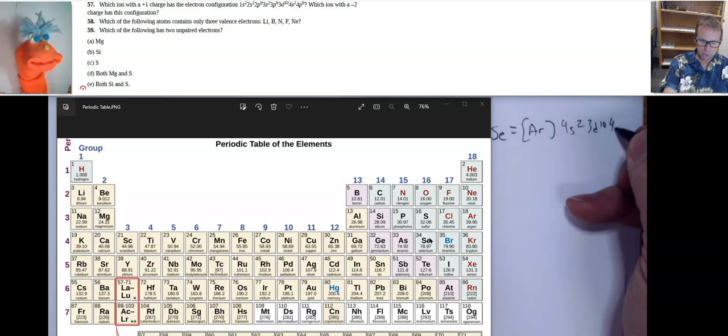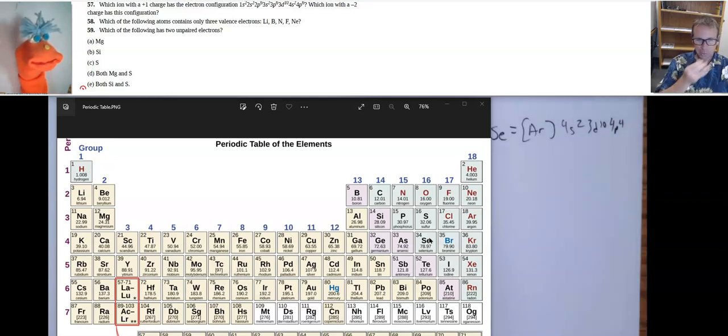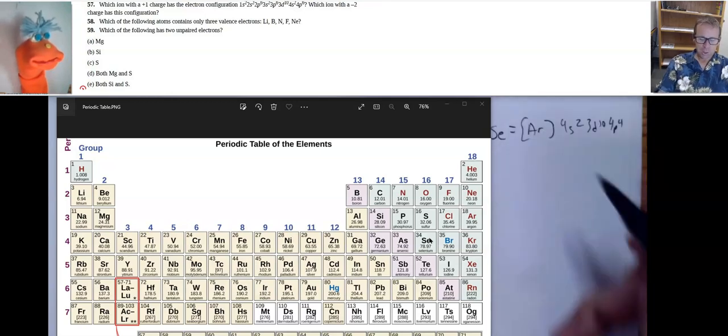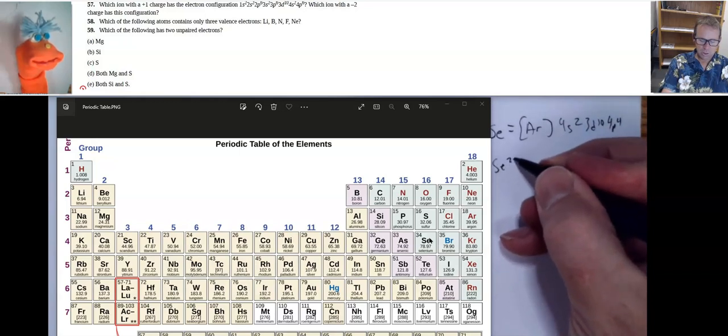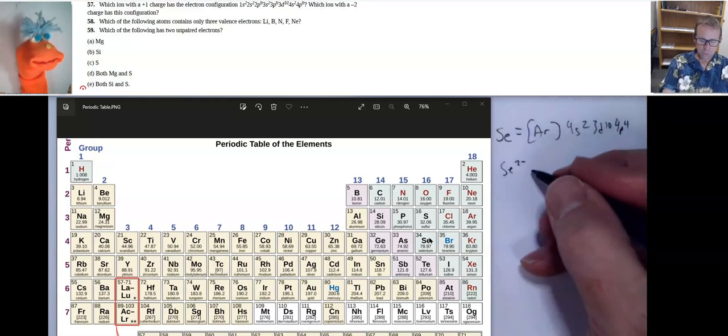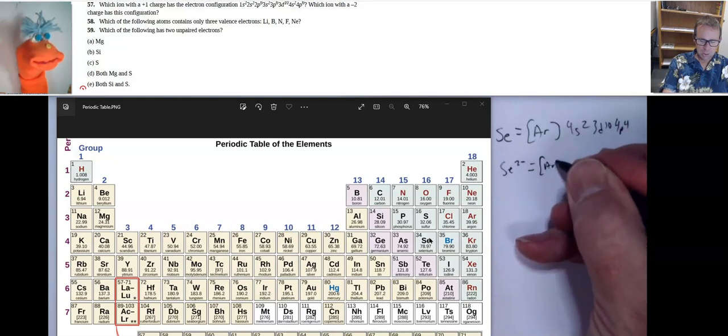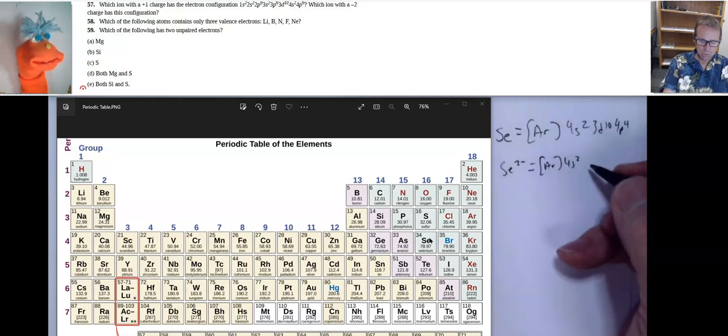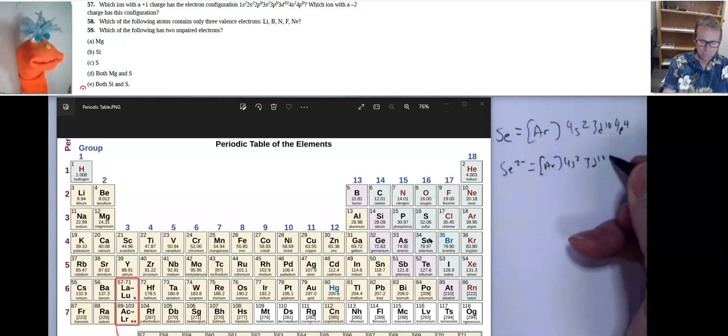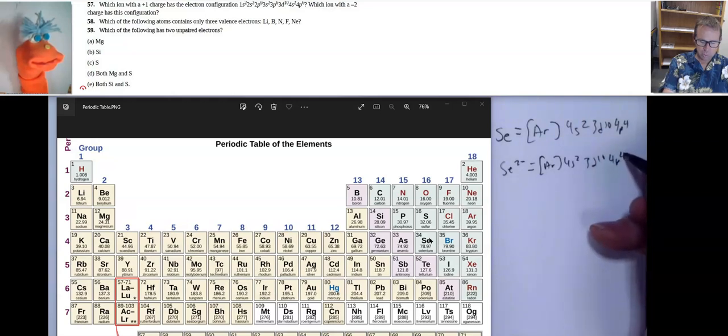That's right, 4p4. Okay, that's selenium. Selenium with 2 extra electrons would be the same thing: argon, 4s2, 3d10, 4p4, well actually not 4 anymore, we have 2 extra electrons, 4p6.